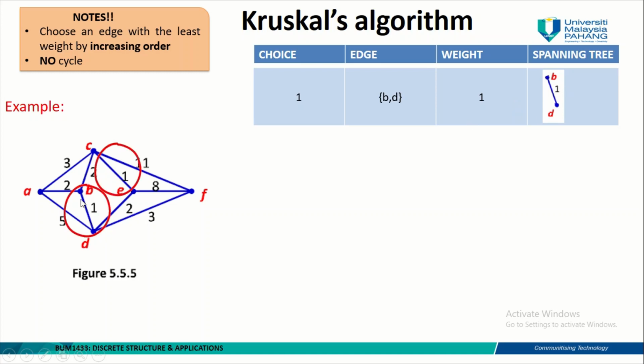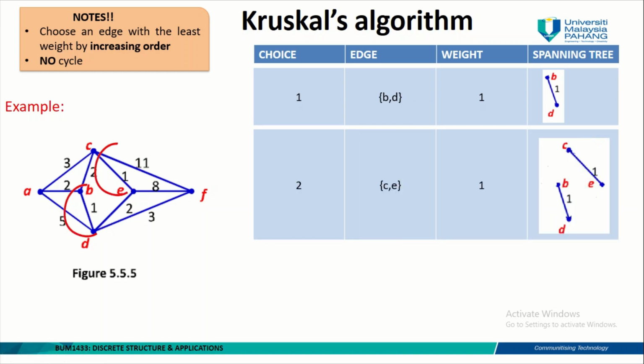The next least wedge is also 1 at CE. You can see if we choose CE, it does not create a cycle, so we can choose CE. So our second choice is CE, since it's also the least wedge here. So we choose CE, and we draw our spanning tree.